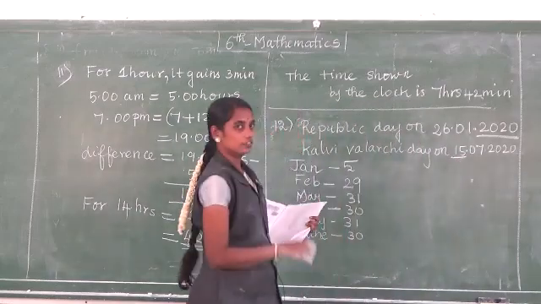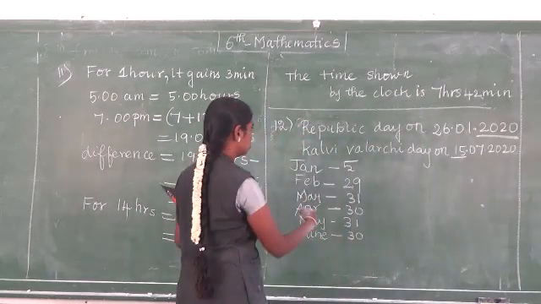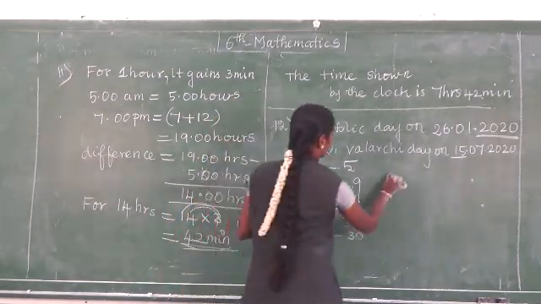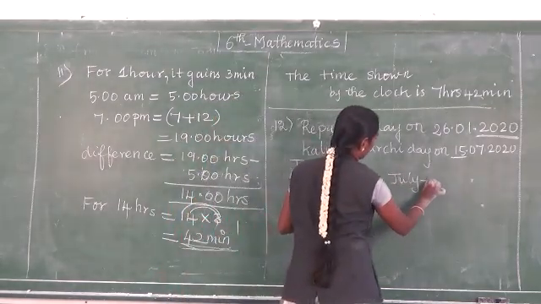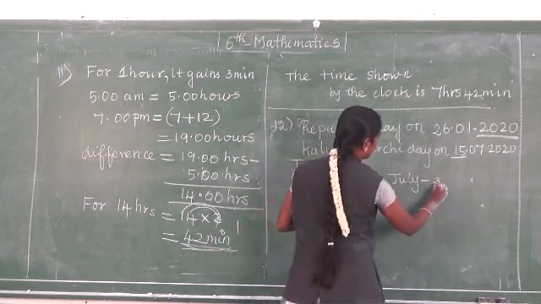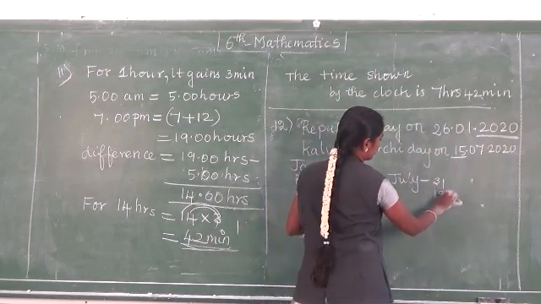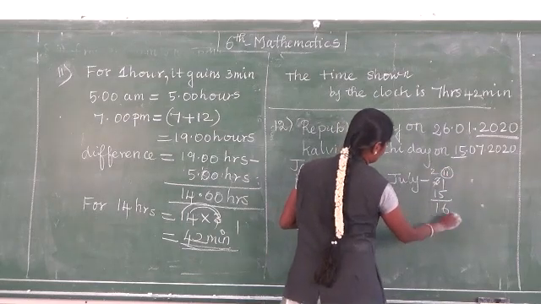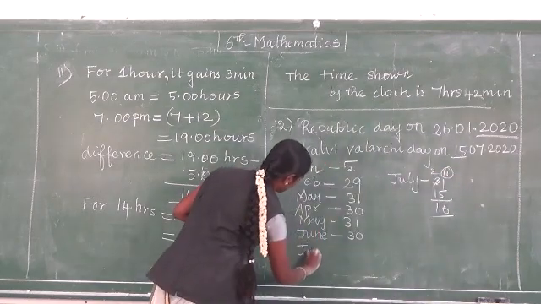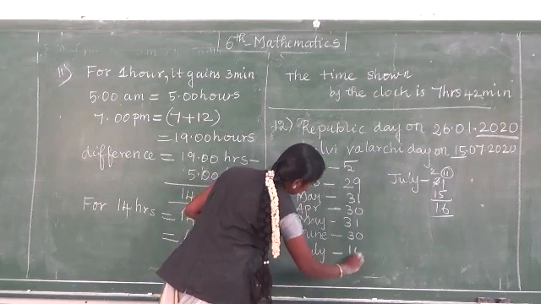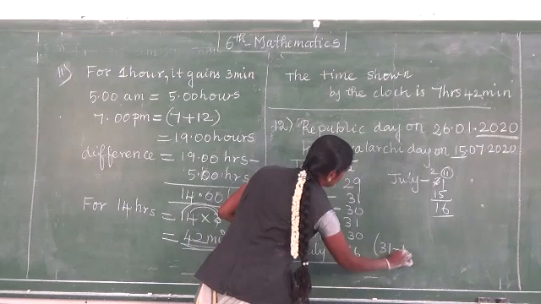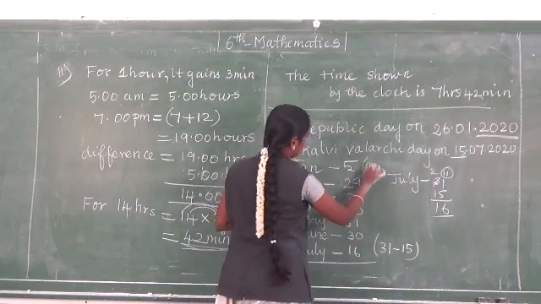Here, listen, the 15 days are over. July will be how many days? July we have 31 days. 15 you subtract, so 16 days in the July. In the July 16 days, subtract 31 minus 15.